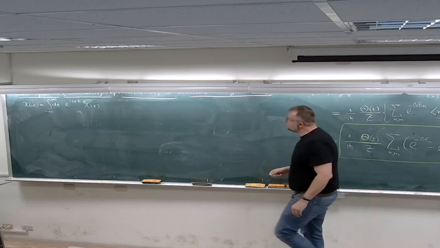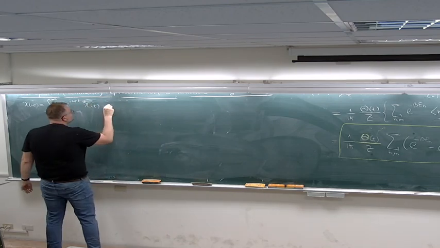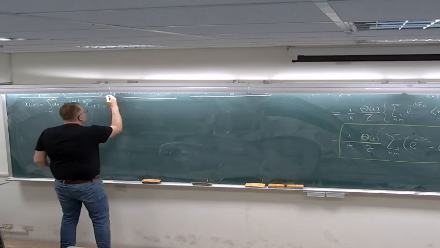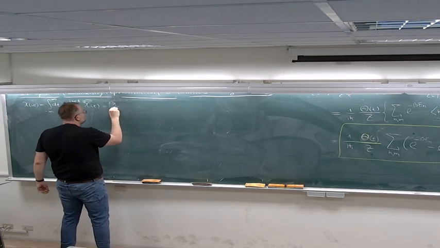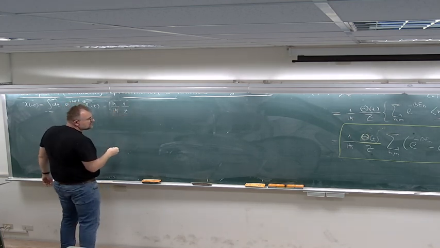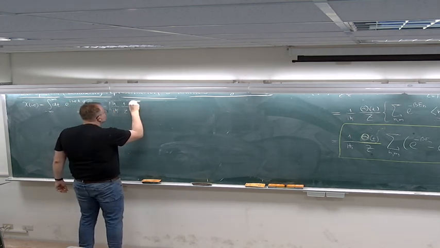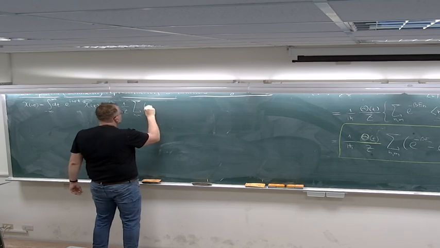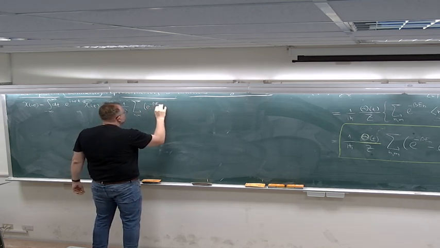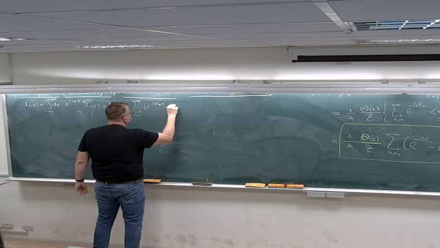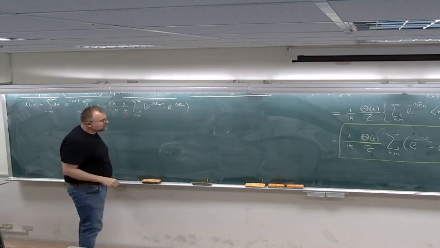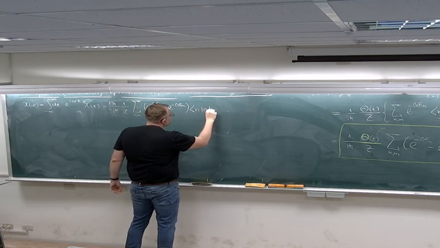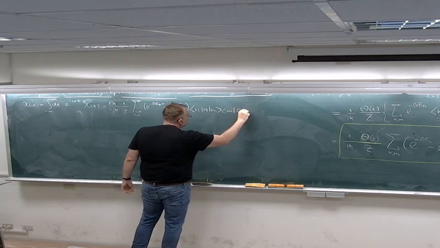So if I'm doing this Fourier transformation, then what I'm getting is the sum over n, then 1 over Z, then the summation, and then I have the e to the minus beta E_n, then I have this matrix element, m, n, n. Great.